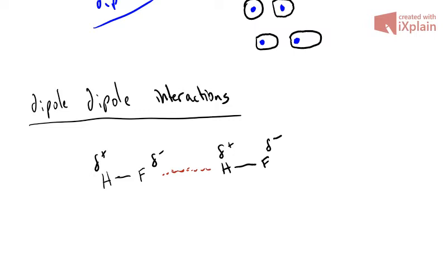Or say one comes up here. So it's just between two polar molecules. I guess HF is a bad example too, but you understand what I mean. Dipole interactions are between two polar things.